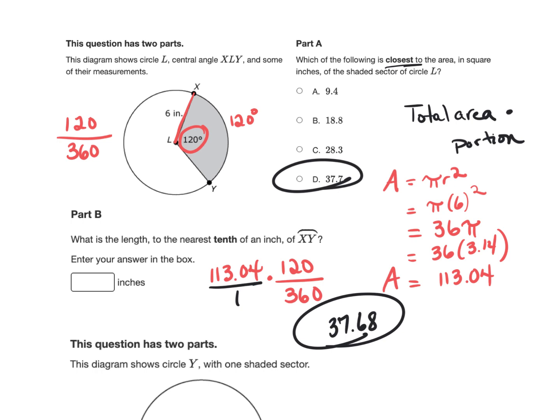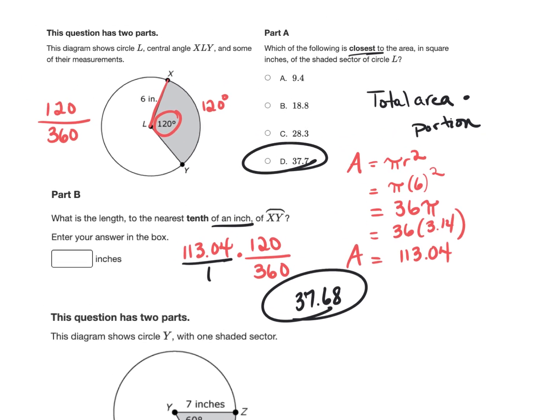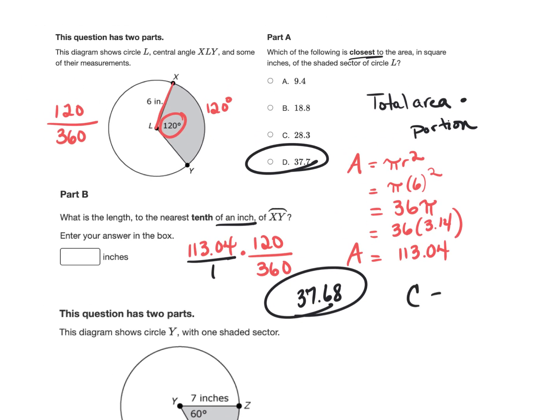We're going to use the same steps to find the arc length. This time we're going to use circumference. So find the total. The formula for circumference again is 2 pi r.